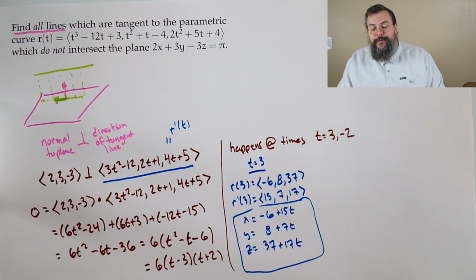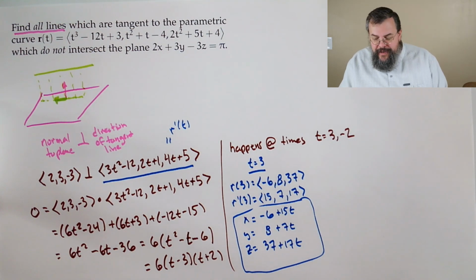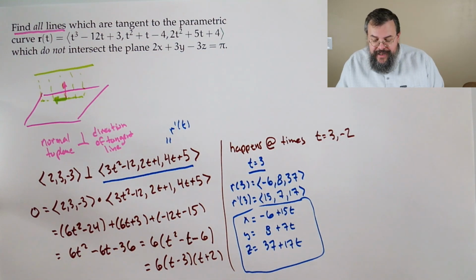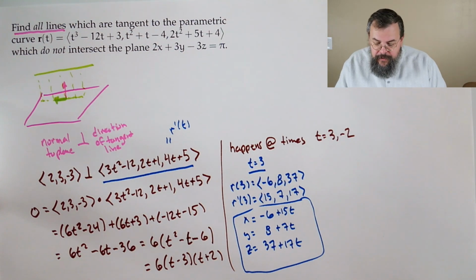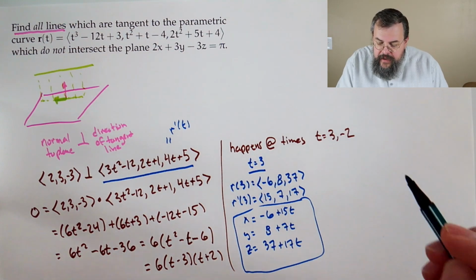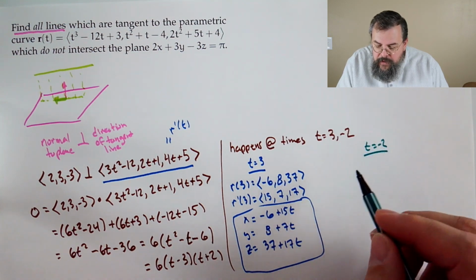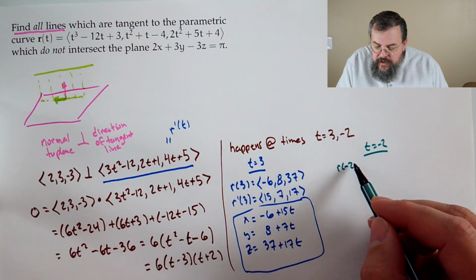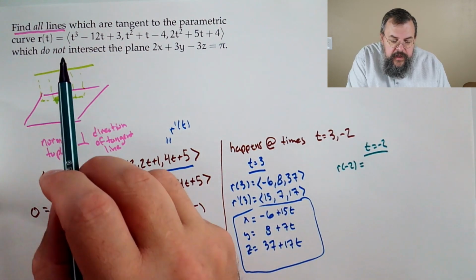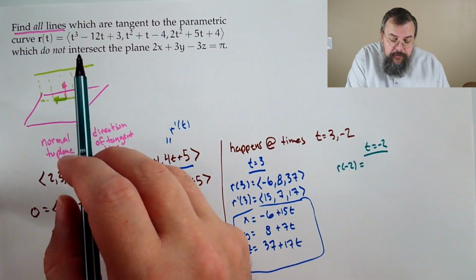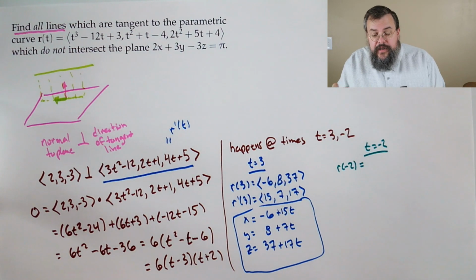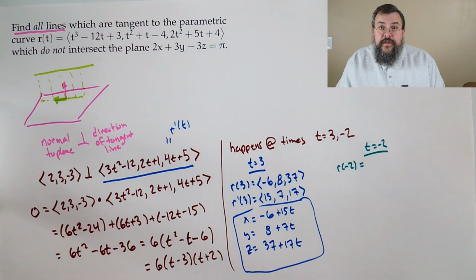Now, we're not done. What else do we need? Well, we need to do it at negative 2, so we repeat the process. At time t equals negative 2, plug negative 2 into the function. Negative 2 cubed is negative 8. Negative 12 times negative 2 is positive 24, and then plus 3.